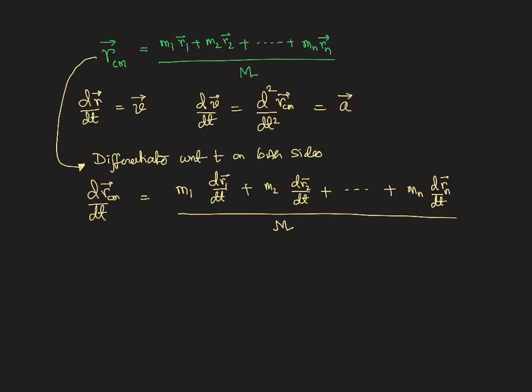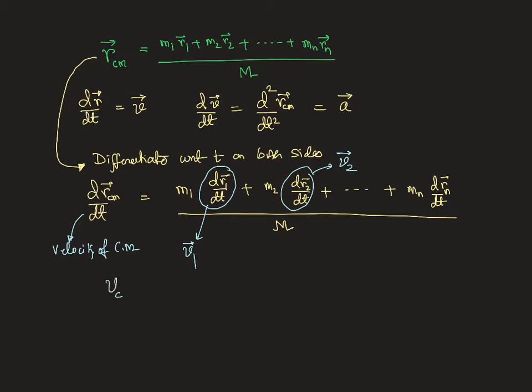So what is actually dRCM by dt? This is actually the velocity of center of mass. dr1/dt is v1, velocity of particle 1. dr2/dt is velocity of particle 2, like that.